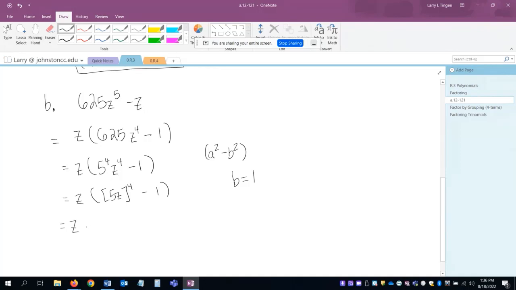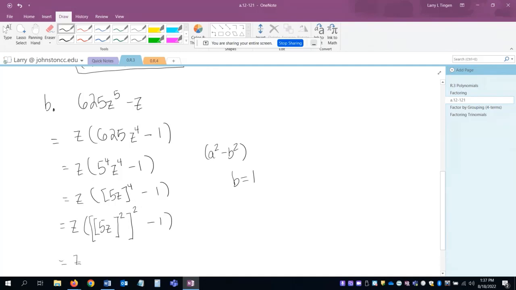So what I have is a power raised to a power. Whenever I have a power raised to a power, if I square the square, don't my powers multiply? 5z squared all squared. Doesn't that give me 5z to the 4th? And now I have something squared.